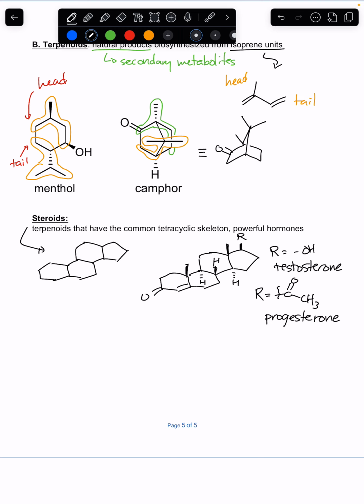Now, I want you to think about this, just how interesting biomolecules are. The difference between an alcohol and a ketone functional group, with the rest of the structure the same, is the main difference between male and female, chemically speaking.